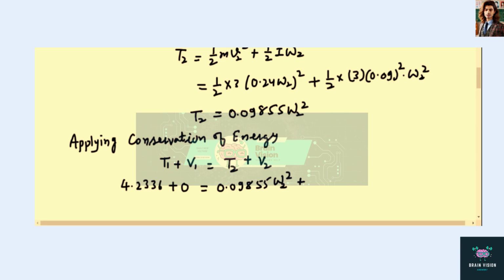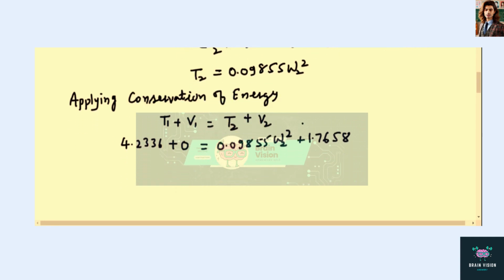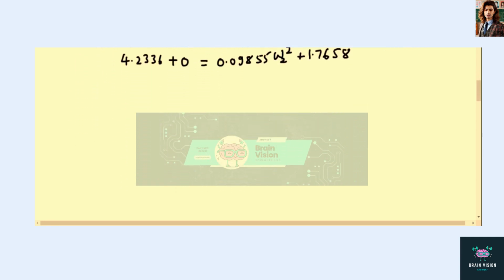We have calculated it's 1.7658 joule. By solving this equation for omega 2, you will get omega 2 as 5 radian per second. This is the answer of part A.